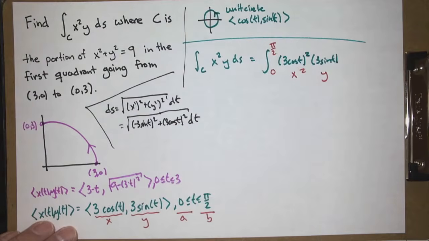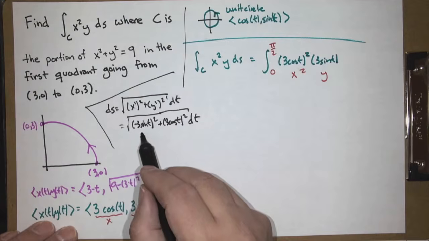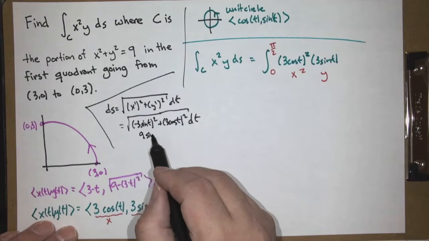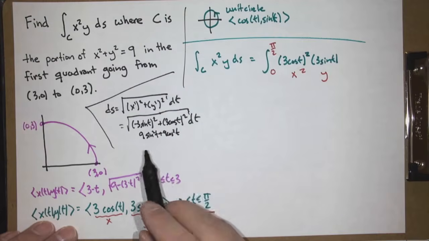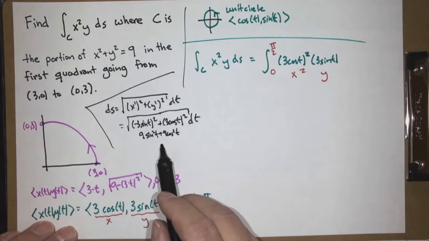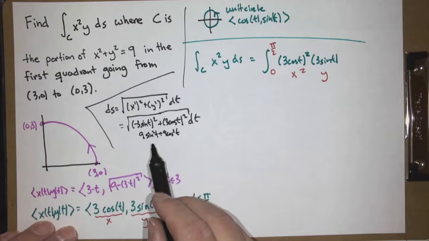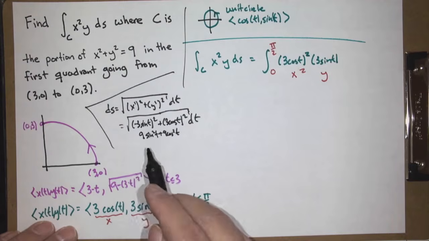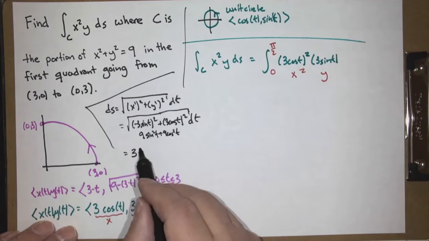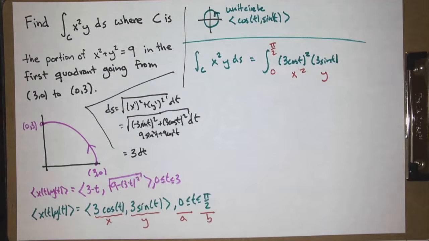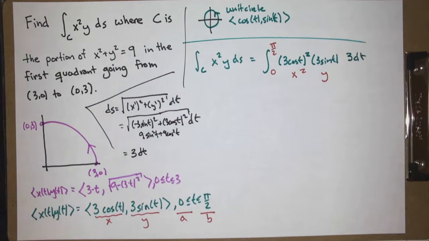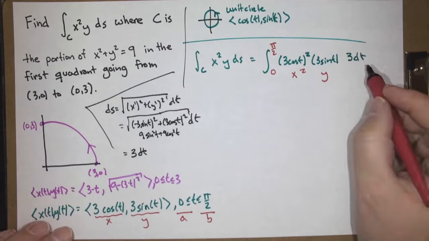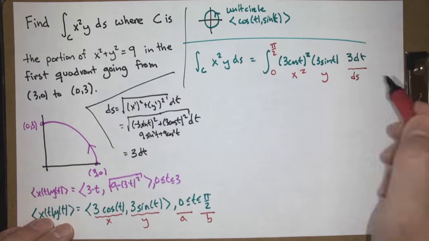If we carry out this computation, you'll get 9 sine squared plus 9 cosine squared inside the square root, which becomes 9 in the square root, or 3 once you take the square root. So it becomes 3 dt. So ds on a circle, if you use a good parameterization, is very clean. That 3 dt is your ds.